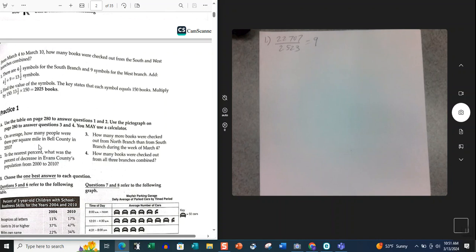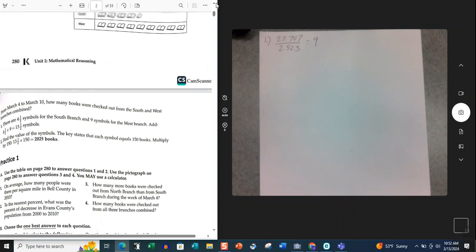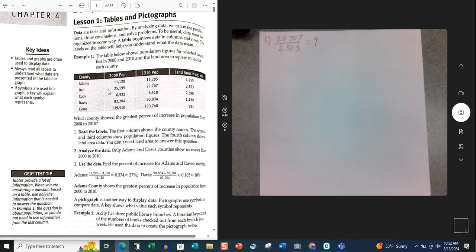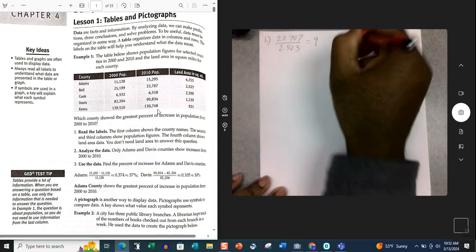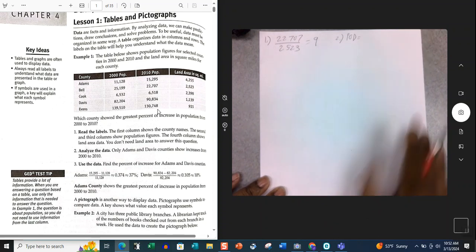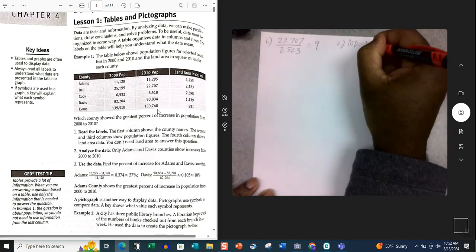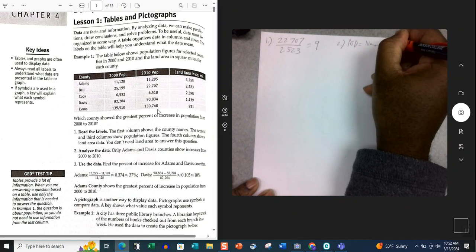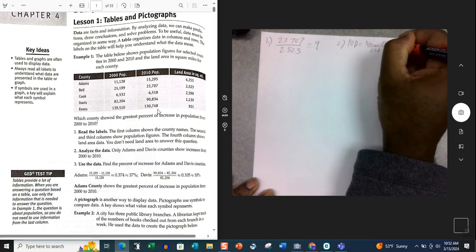To the nearest percent, what was the percent of decrease in Evans County population from 2000 to 2010? So now we go to Evans County from 2000 to 2010, and we want the population decrease. So remember, for percent of decrease, we have new minus old divided by old.